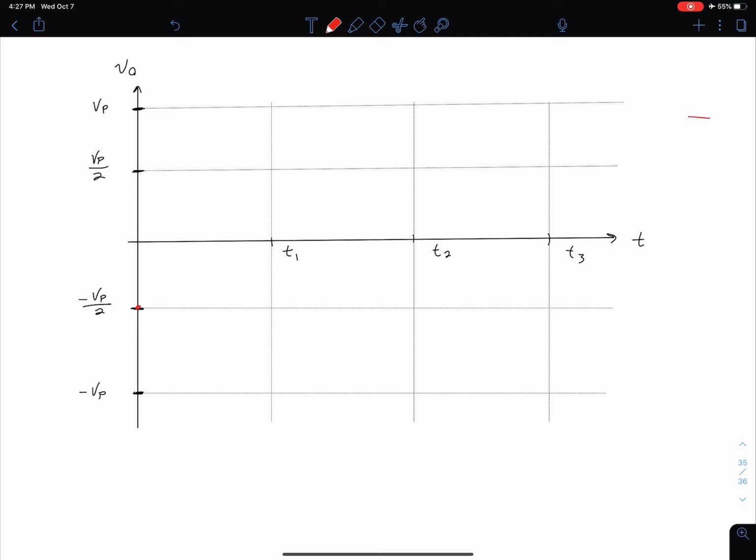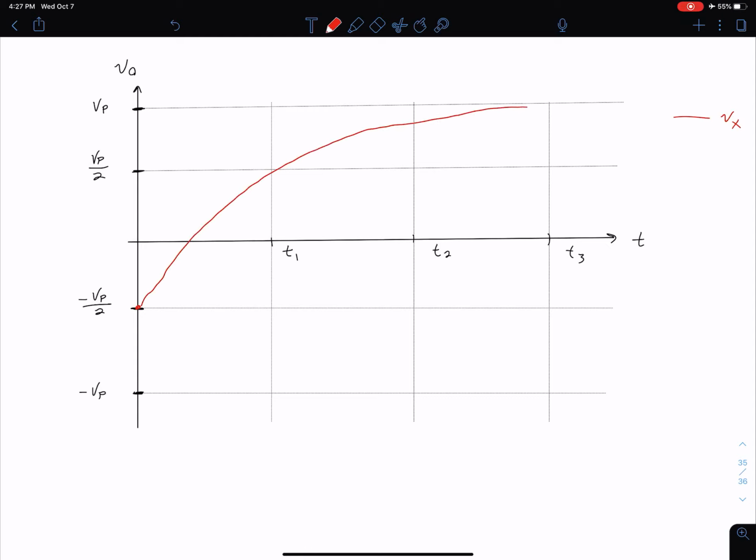So I'm going to plot in red, this is going to be our V sub x, and I'm going to plot the output in blue in a little bit. So what our Vx is doing, if we're coming in on this charging cycle, it's going to be charging up towards Vp. And so what that looks like with that exponential term in there is maybe something like this. So we have something like that.